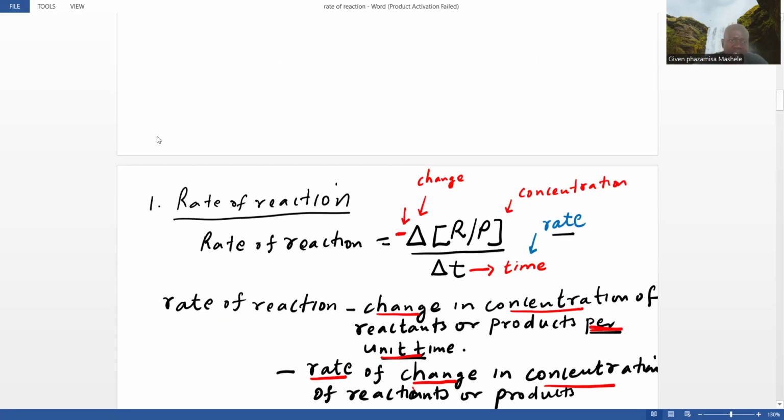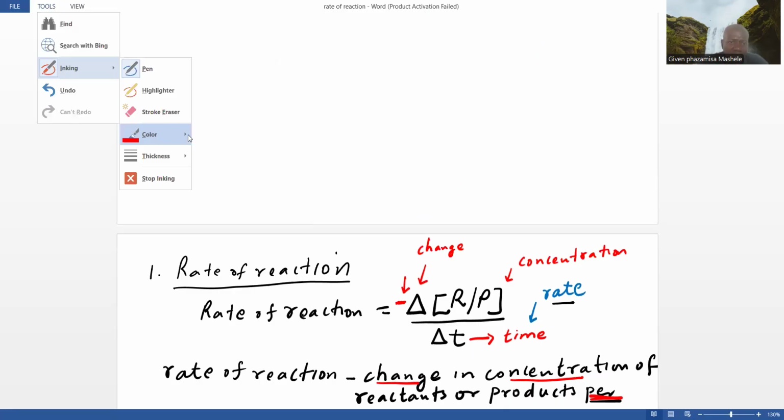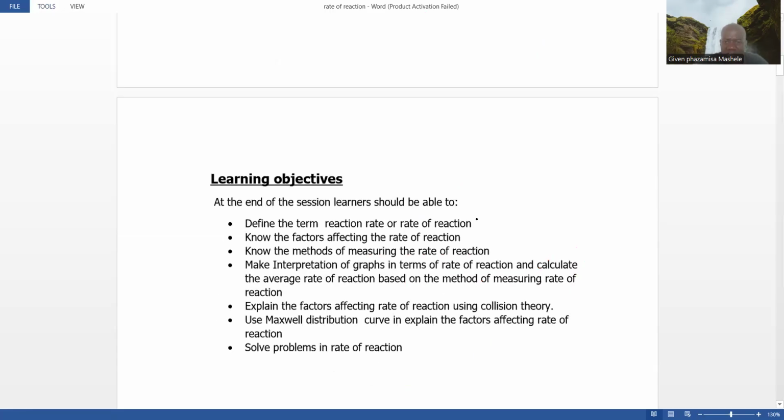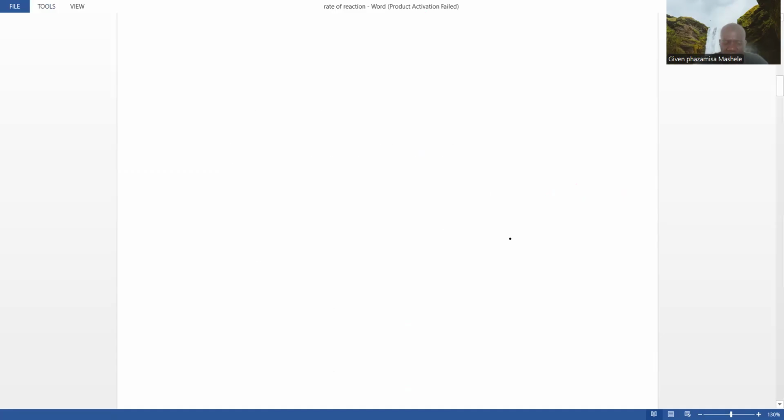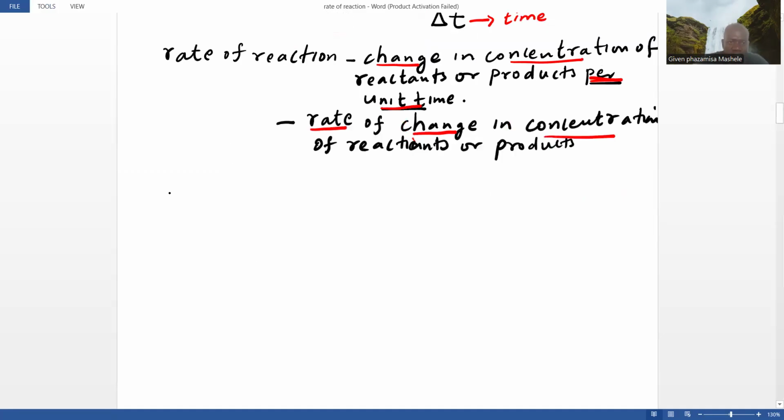The second learning outcome: a learner should be able to know the factors that are affecting the rate of reaction. So we have addressed this one. Now we have to address this one. Let's now continue with the factors that are affecting the rate of reaction. Now let me call this number 2.